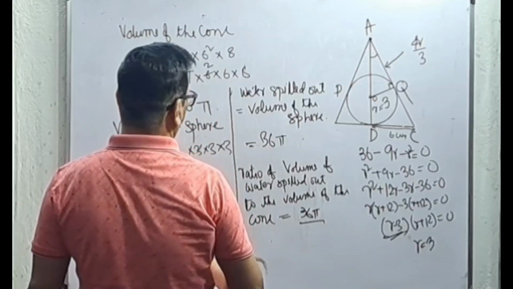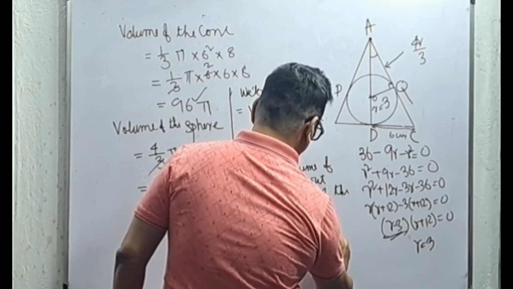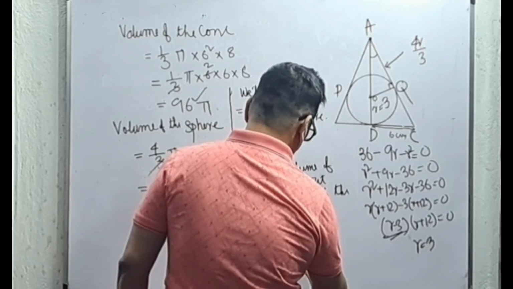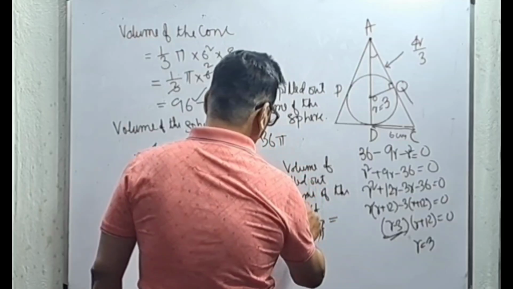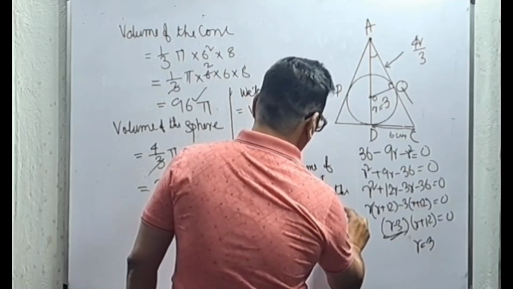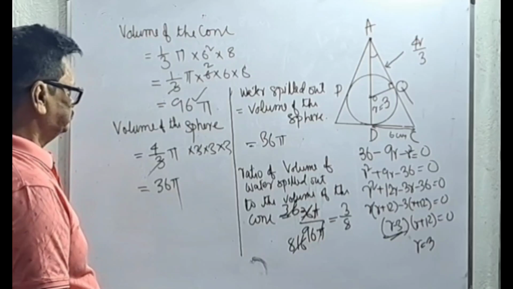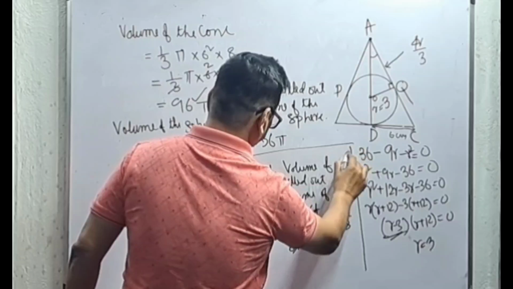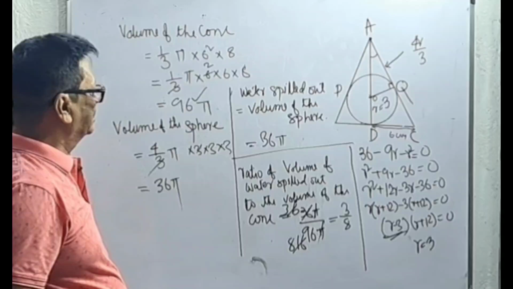Was it 96? Yeah, 96. Pi cancels out. 6, 16. So again by 2, 3 by 8. Right? This is the answer. Okay. Pretty big one, but simple.